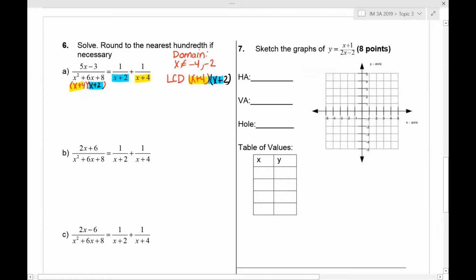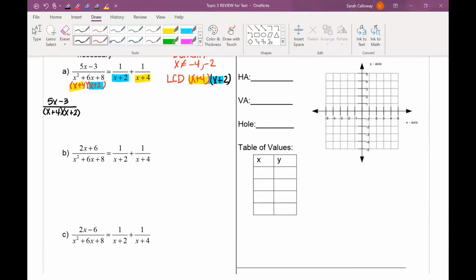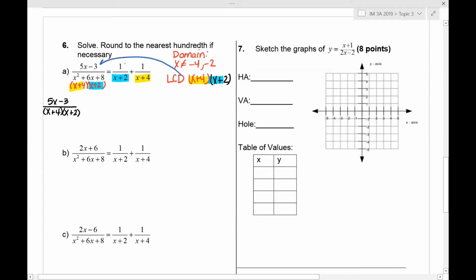So what I'm going to do is rewrite this equation with room to multiply the numerators of every term by the common denominator. So I have x plus 4 times x plus 2. And I'm going to multiply each of these by the LCD, right? So I'm multiplying the whole equation by the least common denominator. So it's going to just multiply in the numerator.